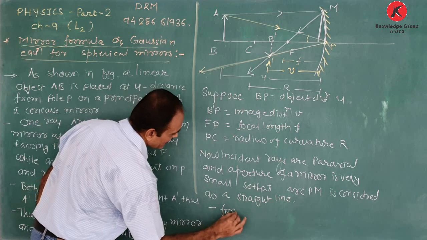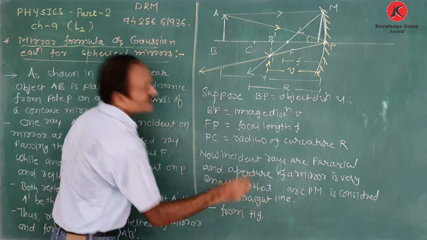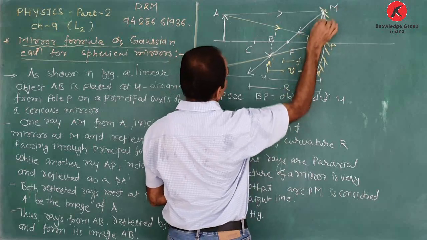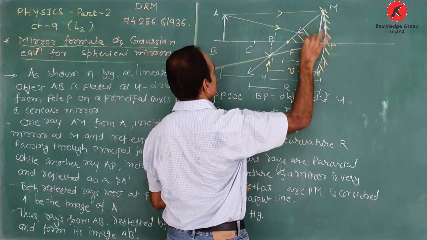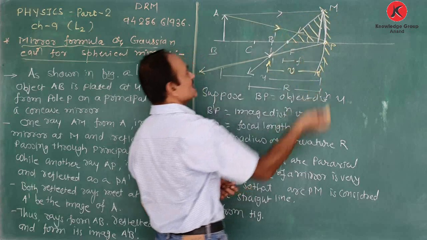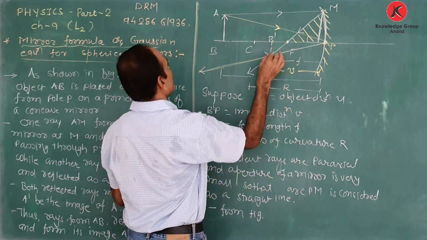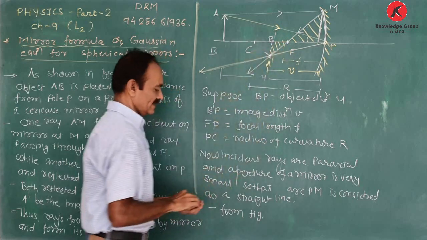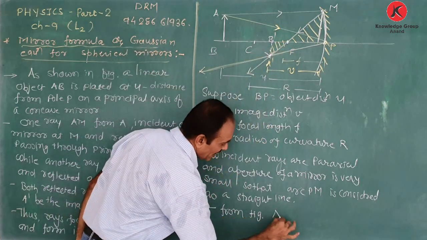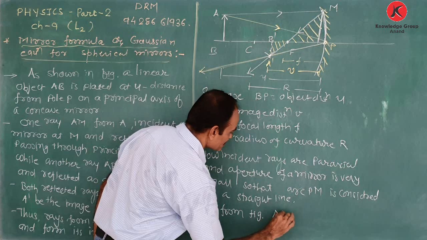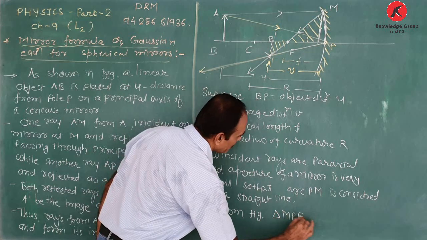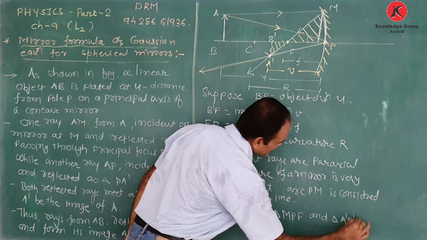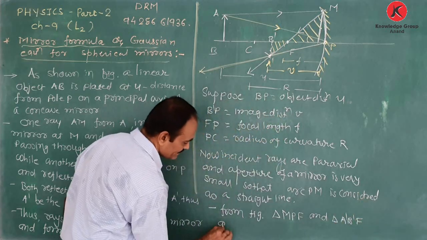Therefore, from the figure, here we consider two triangles. One is triangle MPF, and the second triangle is A dash B dash F. They are similar triangles. From the figure, triangle MPF and triangle A dash B dash F are similar.